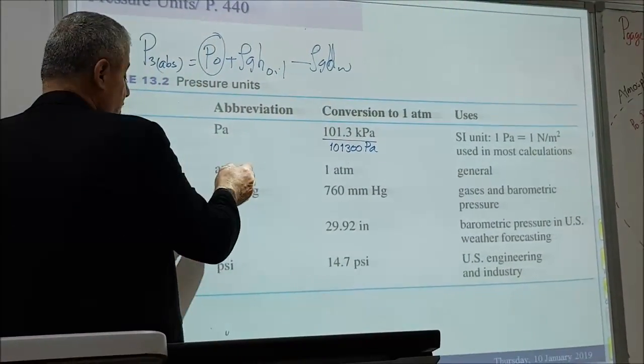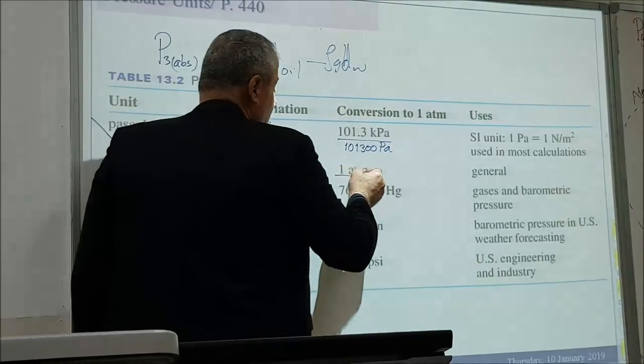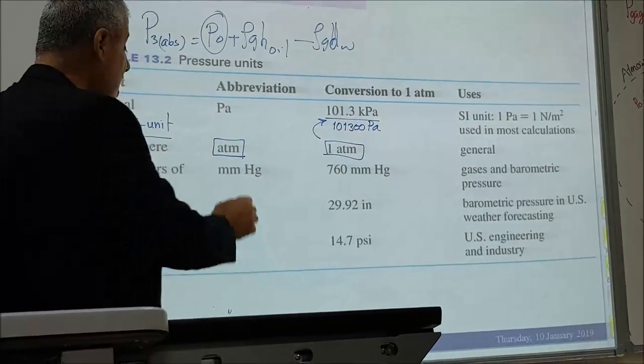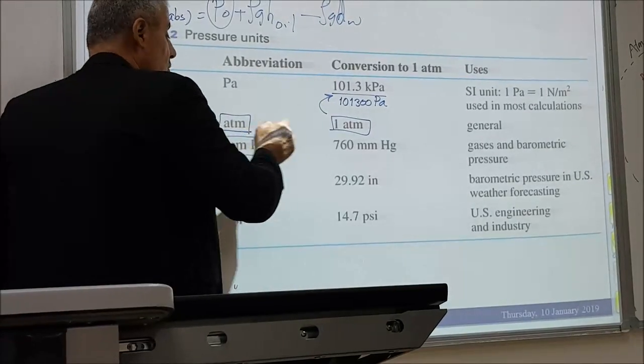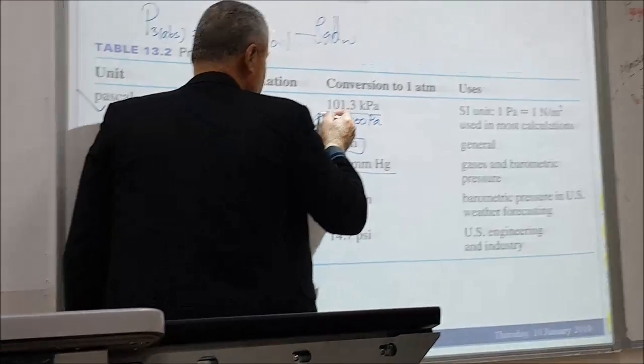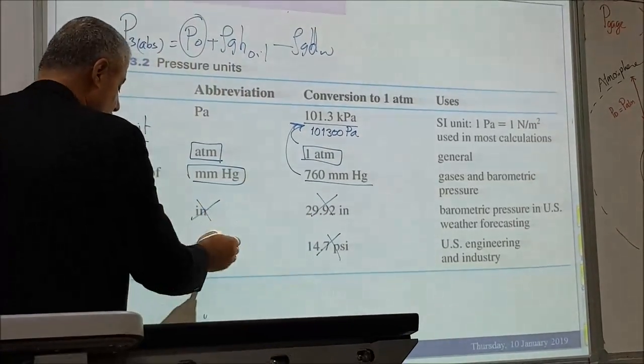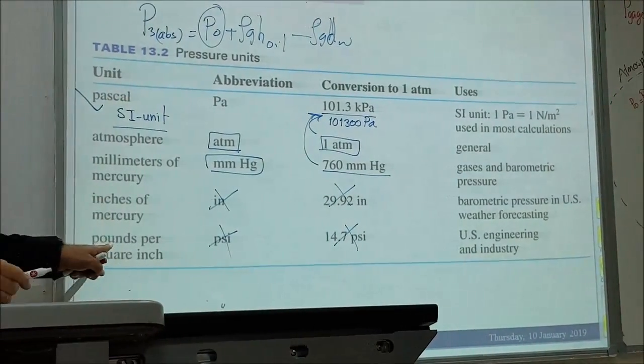We have atmospheric. One atmosphere يساوي هذه. I already told you. We have millimeter of Hg، وهذه 760 is equal to this one. Just keep these. You're not using inch or pounds.